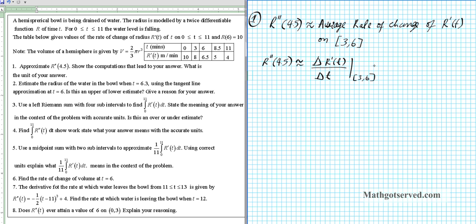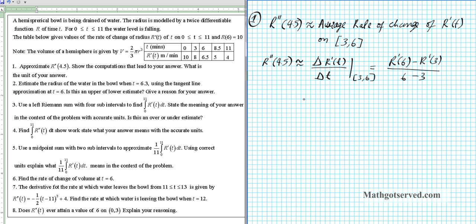So how do you compute this? Not that difficult. You just do r prime of 6 minus r prime of 3 divided by 6 minus 3. Remember calculating the slope of a secant line through the endpoints when you're doing the mean value theorem? This is exactly what we're doing here.